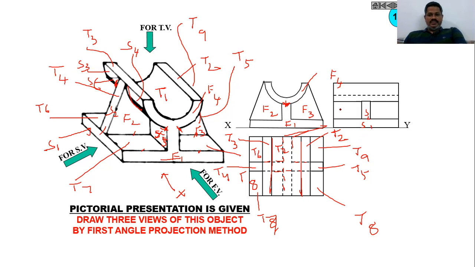Then this is our S4, right? Then this is our S6. Then we have this face also here, but it looks like this web will come up to here, this web will come up to here, this projection will come up to here.